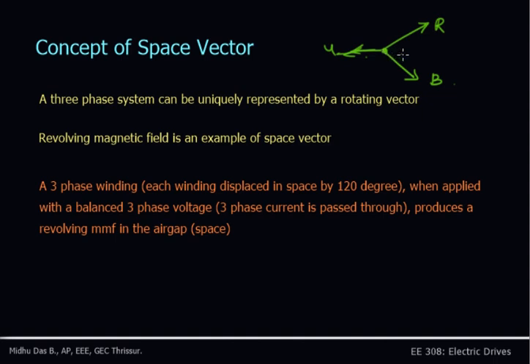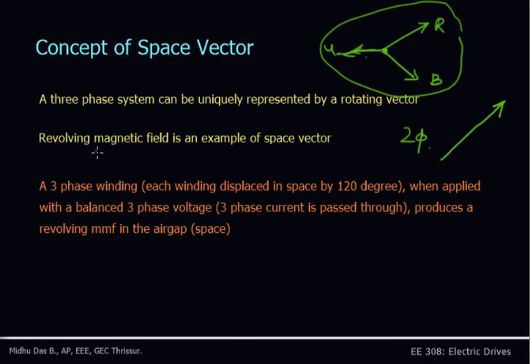But what is done here is, in the space phasor concept we are transforming these phases to the two-phase domain, and all three phases together are represented using a single vector.